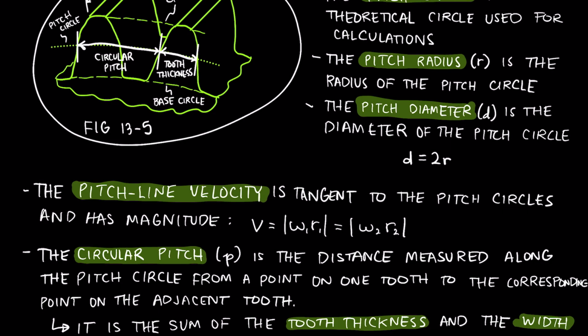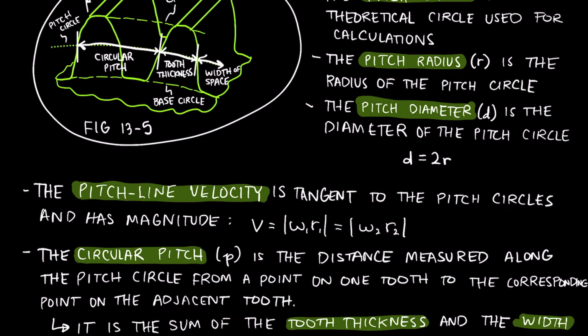So I forgot to label this, but you can see that it would be this distance here, measured along the pitch circle. So maybe I want to label it out here.